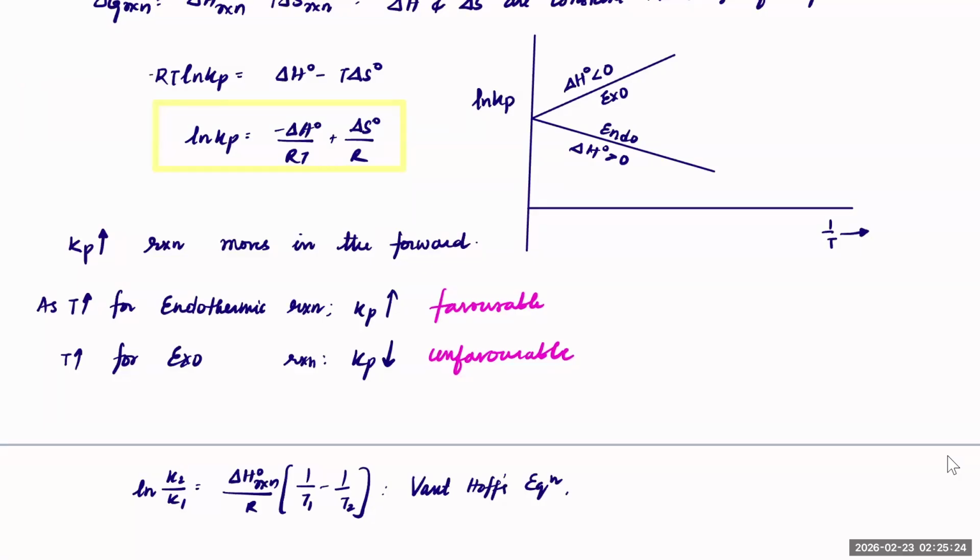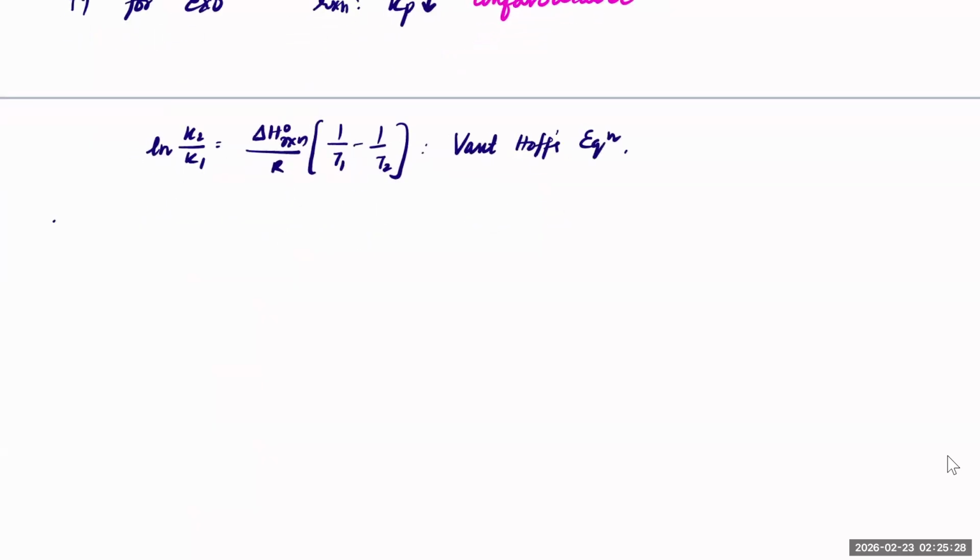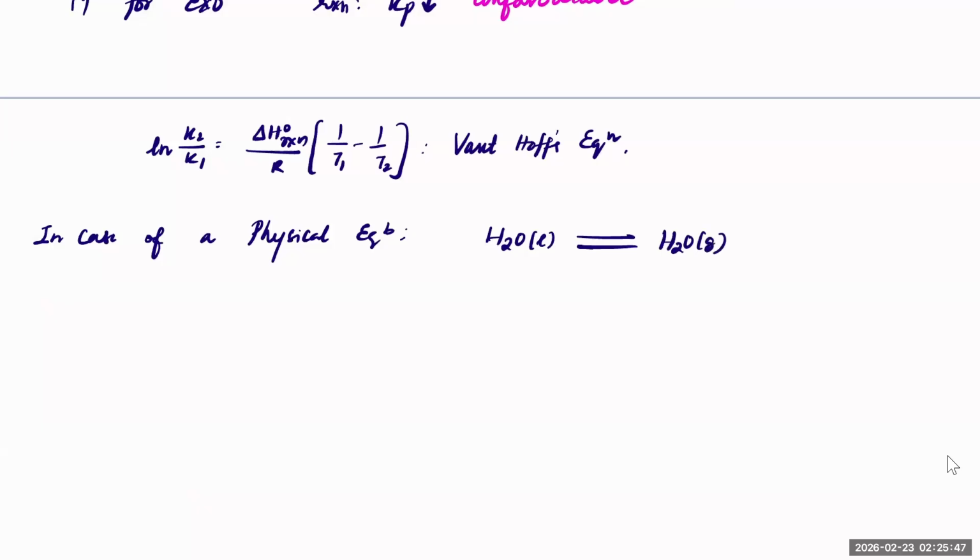It could be a physical equilibrium or a chemical equilibrium. What does that mean? See, in case of a physical equilibrium, what is a physical equilibrium? Suppose you have H2O liquid, it is in equilibrium with H2O gas, like this.